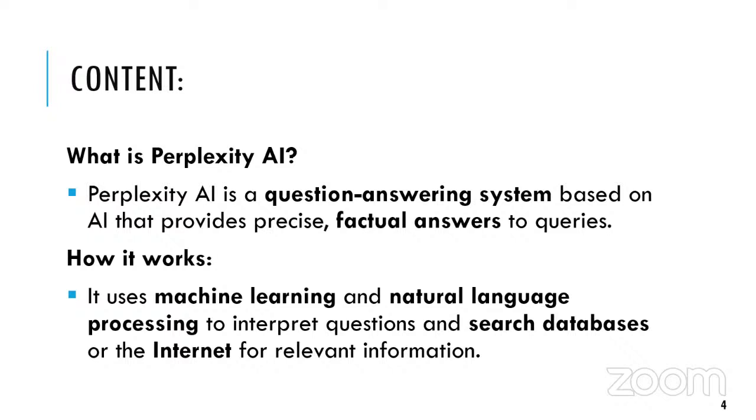And from there, it will then synchronize and summarize the answers based on your question or query. It's a machine learning and natural language platform. What it does essentially is to interpret your questions before searching. And after searching, it will summarize what it has found and give you as an answer to your query or your question.